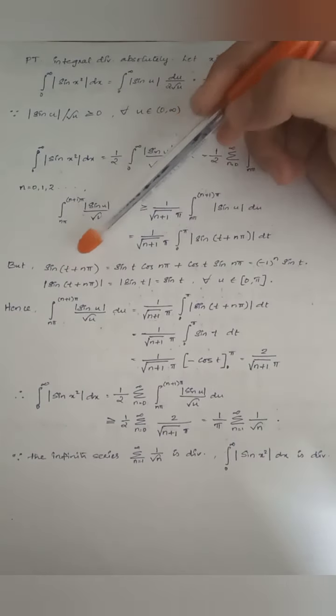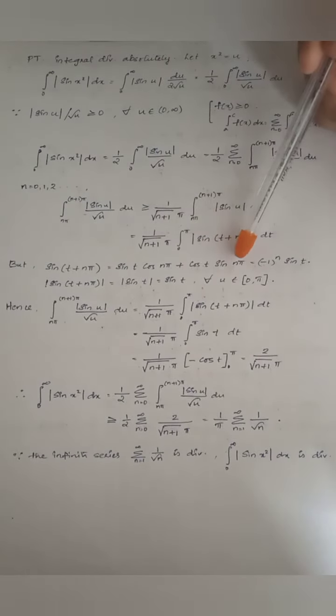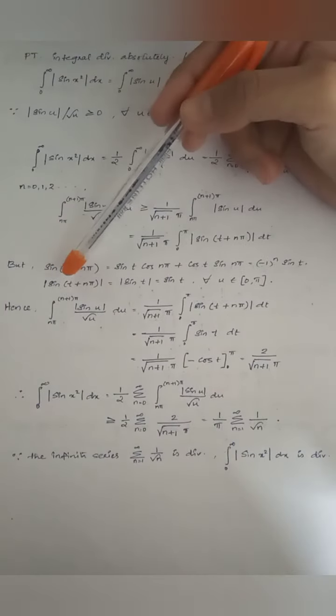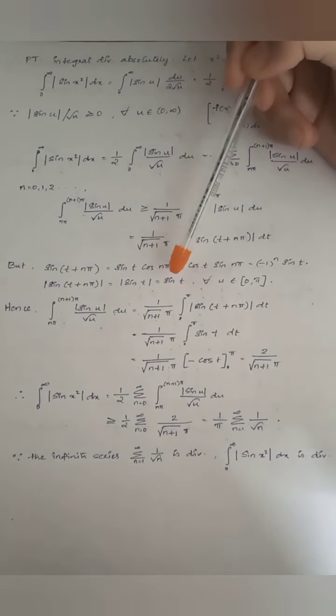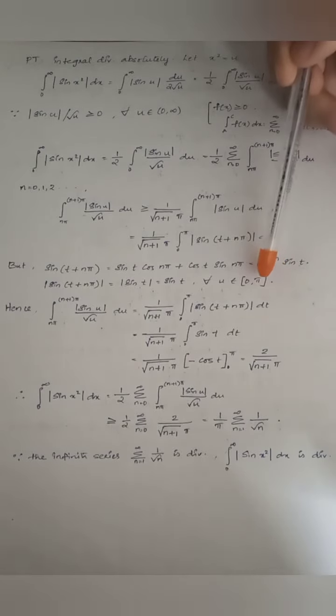sin(t + nπ) is equal to sin t cos nπ + cos t sin nπ, which is (−1)ⁿ sin t. And |sin(t + nπ)| is equal to |sin t|, which is sin t for all t in the closed interval 0 to π.